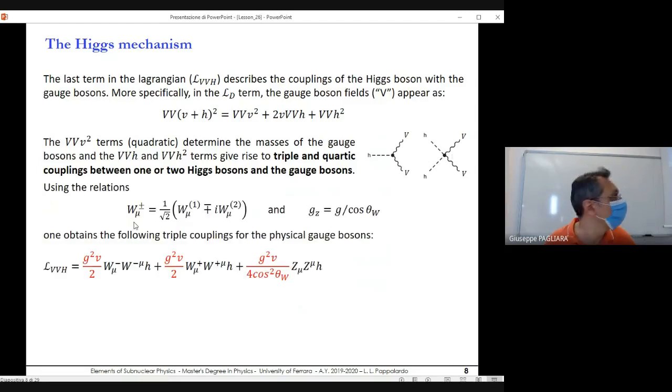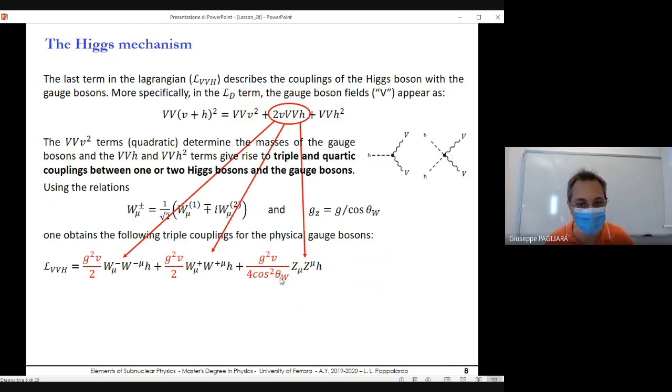Now, using the relation that relates the physical W's with the W1, W2, and the definition of the coupling for the Z boson, we can write down these terms here in the Lagrangian in this simple way, where we have the pure quadratic, we are now considering this one here. So we have the quadratic term times the Higgs, quadratic term times the Higgs, quadratic term times the Higgs. And with simple algebra and by remembering the definition of the Z coupling constant, the couplings for these three terms are given here in red.